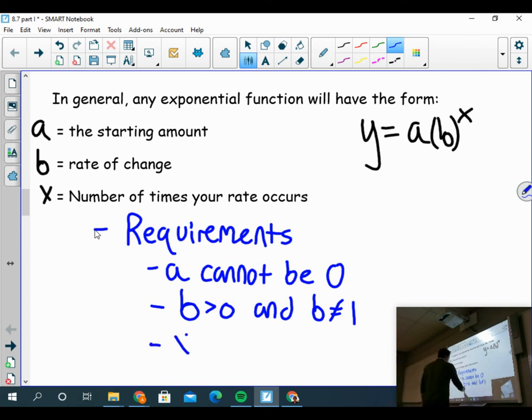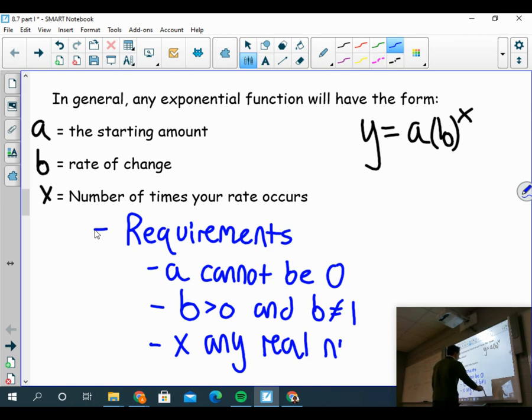There aren't any real restrictions for x. X can be any real number. You don't quite know yet in algebra what imaginary numbers are, so that should not trouble you. So x can pretty much just be any number. Okay? So again, I think these requirements are important for recognizing exponential functions.